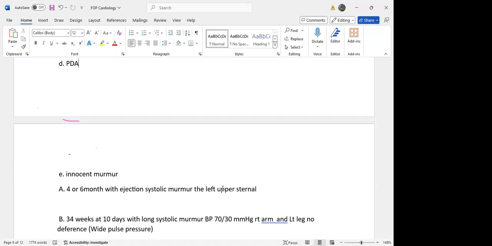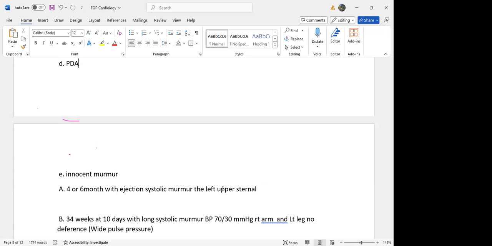You will not have such a small scenario in your exam, so please don't be confused. Ejection systolic murmur, if it is loud, go for pulmonary stenosis. If it is not loud, then you can think about ASD as well, especially if they give you other features like the fixed, split second heart sound.